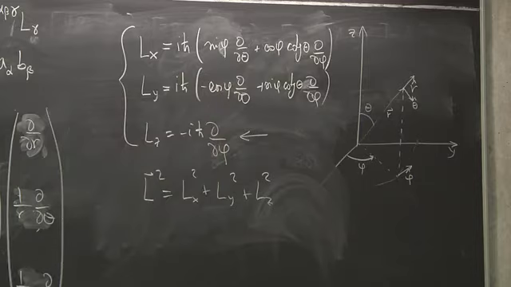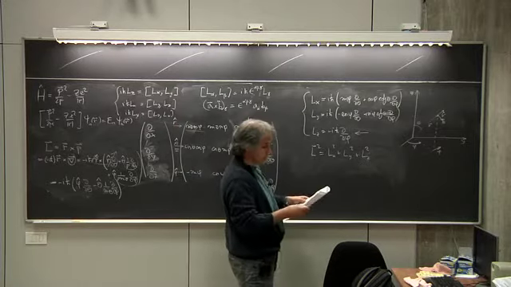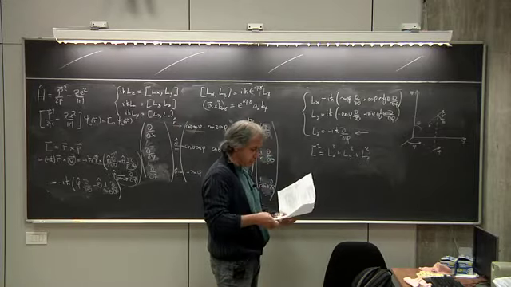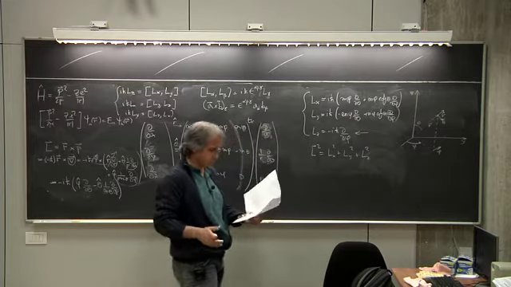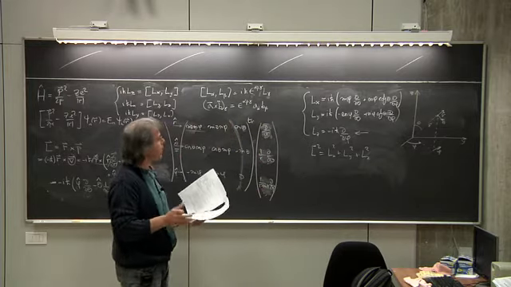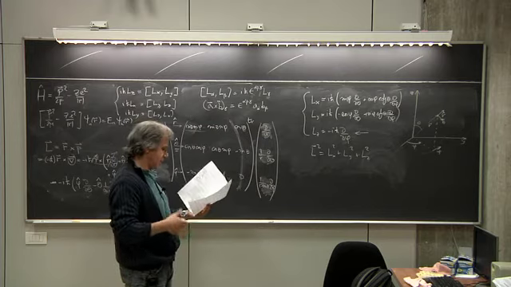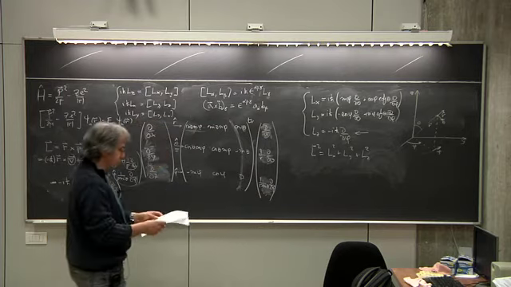This is called the total angular momentum, or L square usually, and has obviously a certain expression in terms of theta and phi, which I report in the notes, but is not particularly important to us. There will be second derivatives with respect to theta and so on and so forth, but not particularly important.